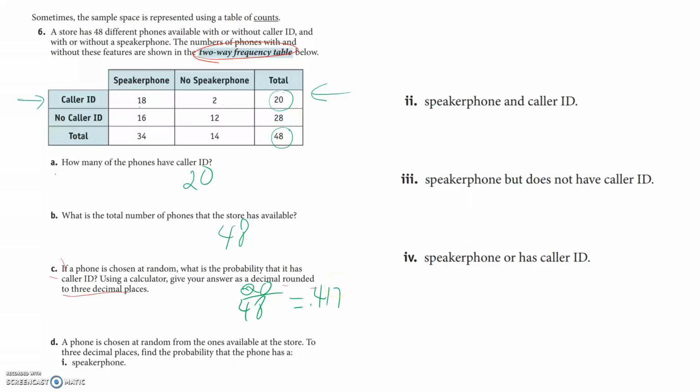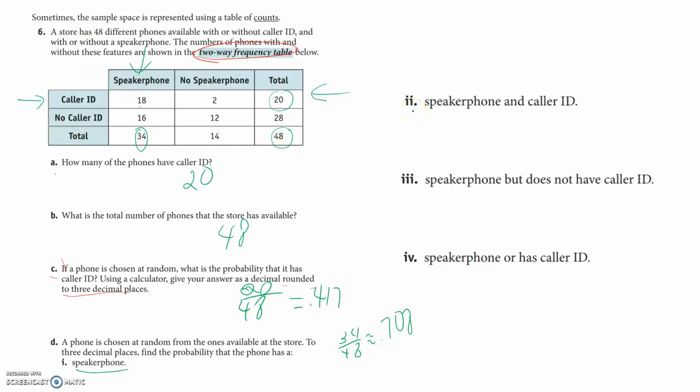D, a phone is chosen at random from the ones available at the store. Find the probability that the phone has a speakerphone. So if we come up here to our column of speakerphone, we go down to that total, and that would be 34 out of the 48. Go ahead and change that to your decimal to 3 decimal places, and that would be 0.708.